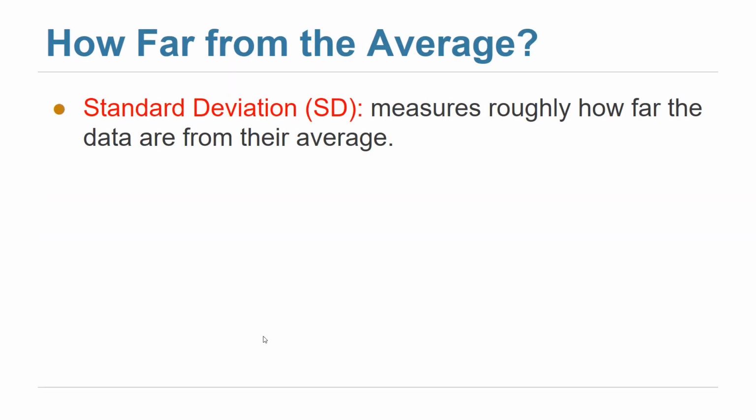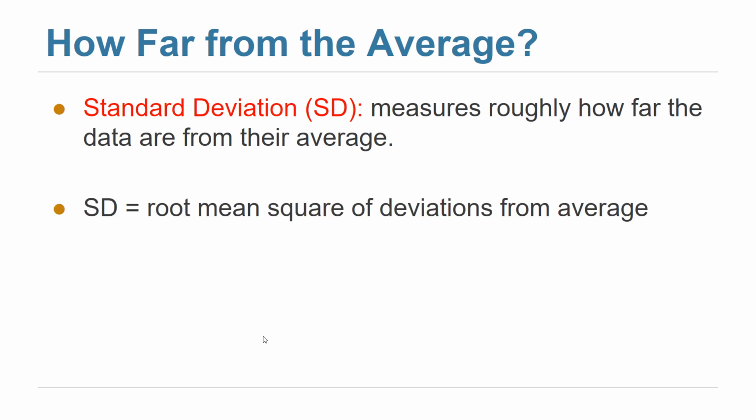Getting back to the slides, let's talk about the meaning of that. The standard deviation is a measure of variability around the average. It tries to measure roughly how far the data are from their average. Formally, it is the root mean square of deviations from average. If you look at this statement, this is exactly the way we compute the standard deviation, but in reverse order.